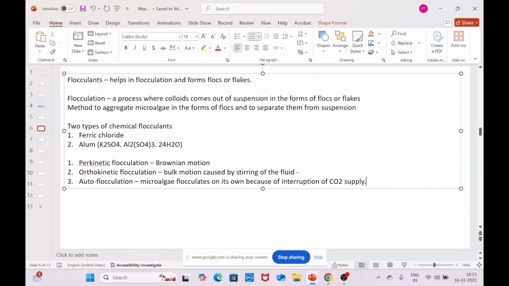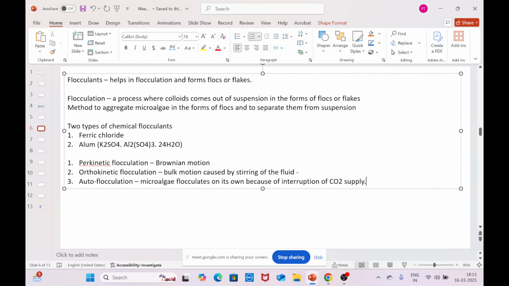So when you take a system, you have some particles and they have certain charge within them. Because of the similar type of charges, they repel each other. Once you add these positively charged particles, they screen the electrostatic repulsions among them and bring all of them together, and then they start forming aggregates, so their size starts becoming big.